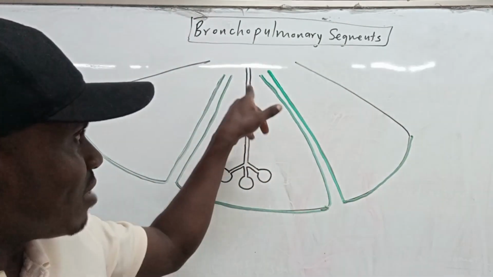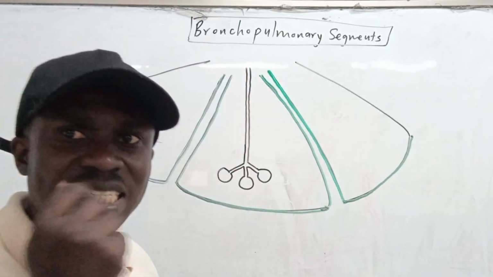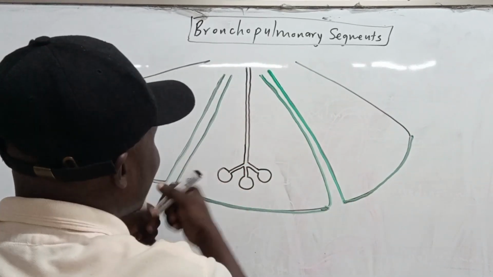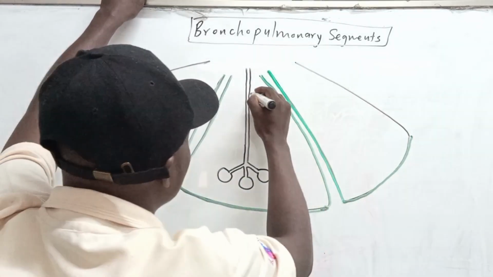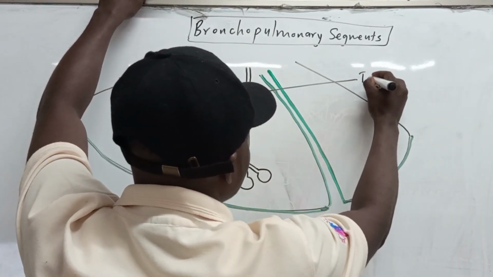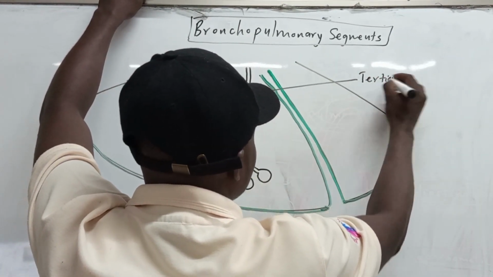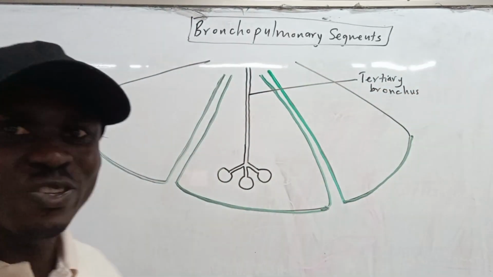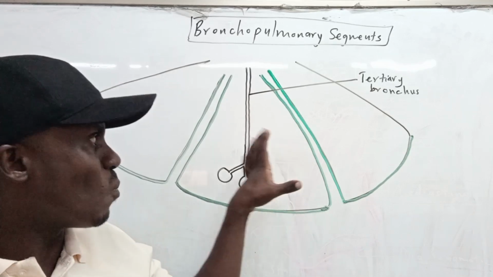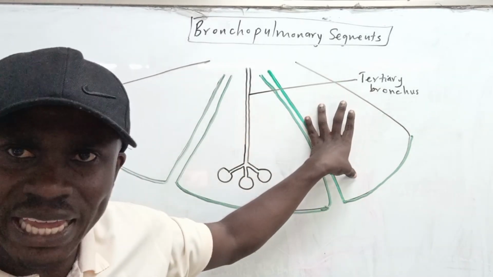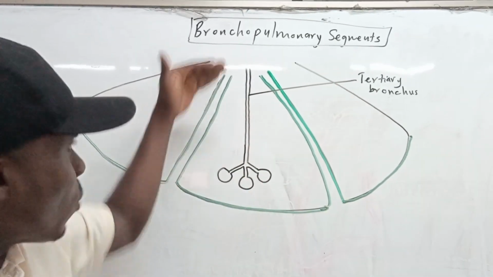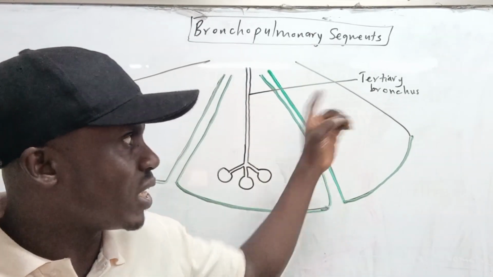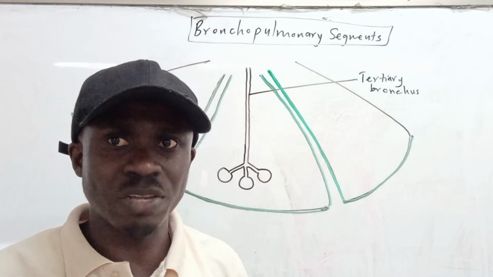And so what I'm trying to show over here is a tertiary bronchus, so that it will give air to this bronchopulmonary segment. The same thing will apply to the adjacent ones. They will have their individual segmental bronchi. That's what we are talking about.